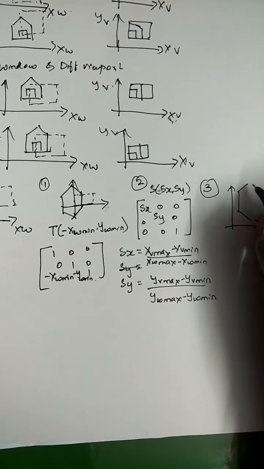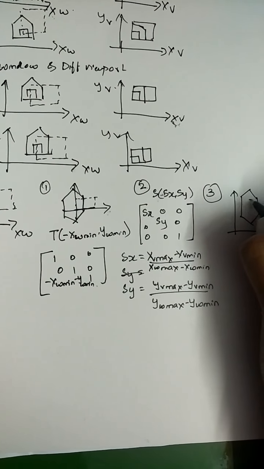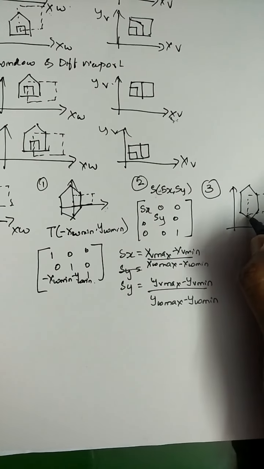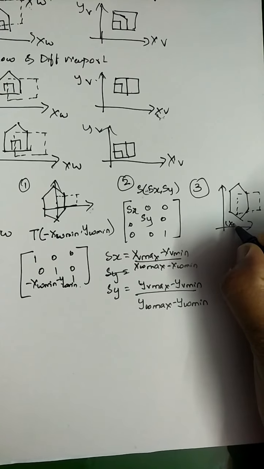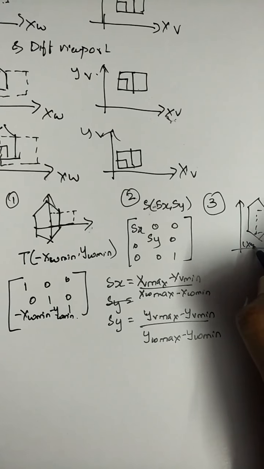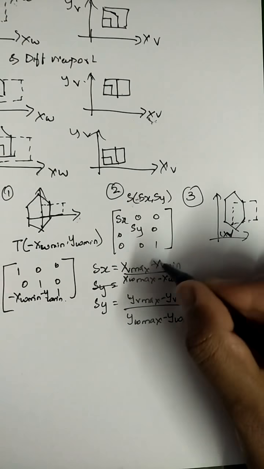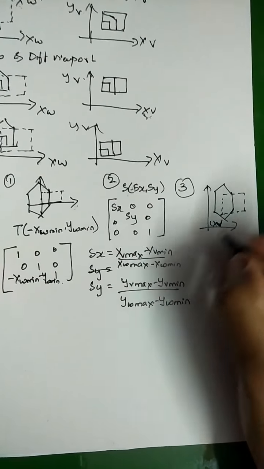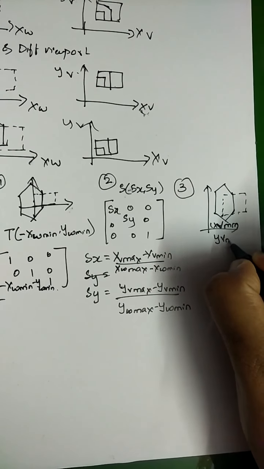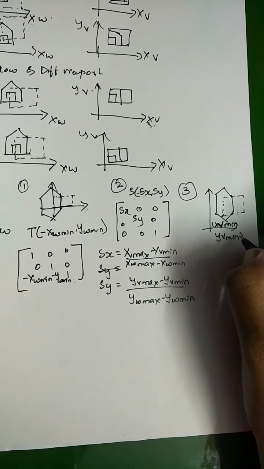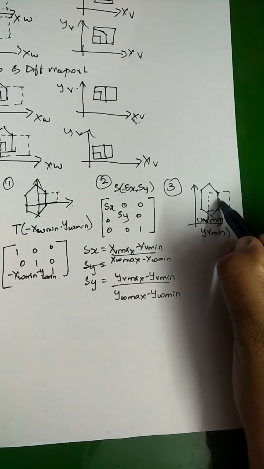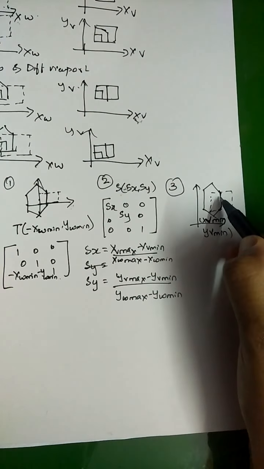This will be not W. So we have been shifted to, from this we might have calculated XV and YV. Correct? So this will be xv min and yv min, not w, because at this point we'll be drawing the coordinates, means this line, to the viewport.